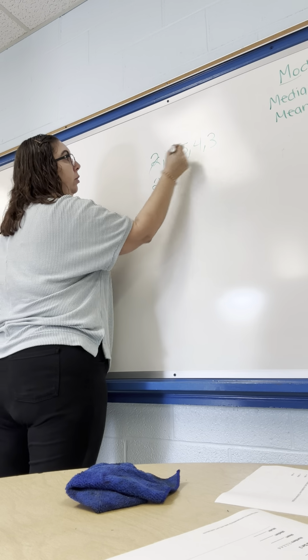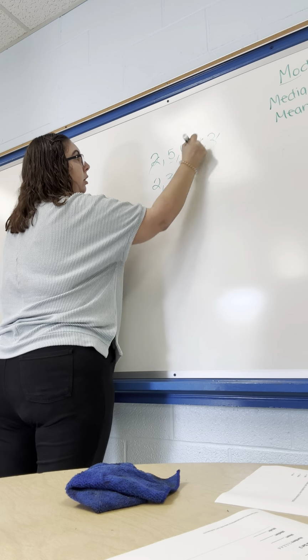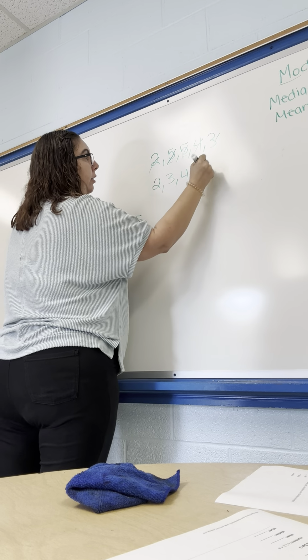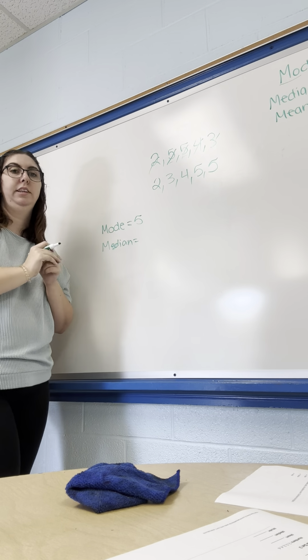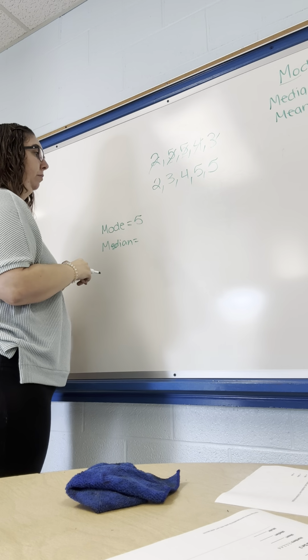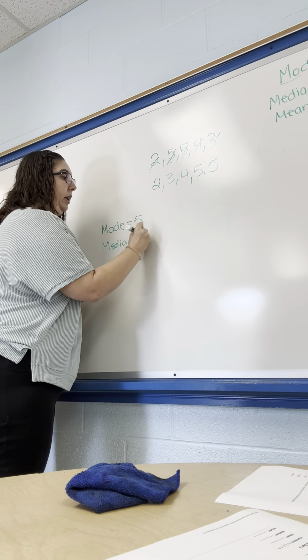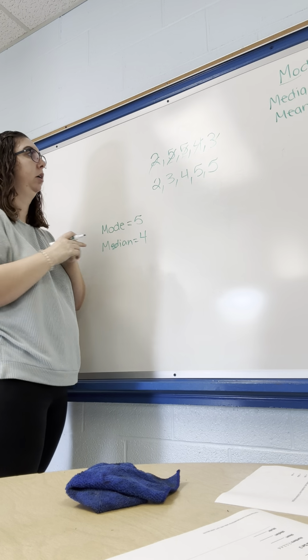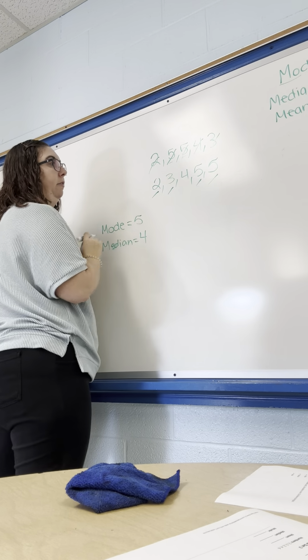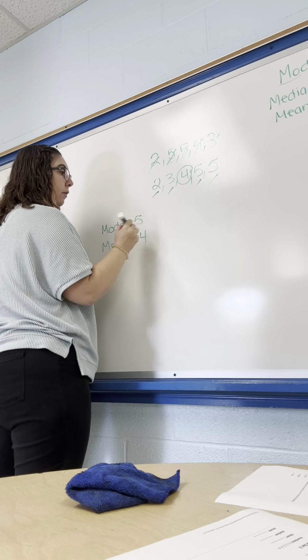So we would have 2, 3, 4, and then we have 5 and 5. So now I need someone to come up and show me what our median is. All right, our median is 4. We can mark off 2 and 5, 3 and 5, and that leaves us with 4.